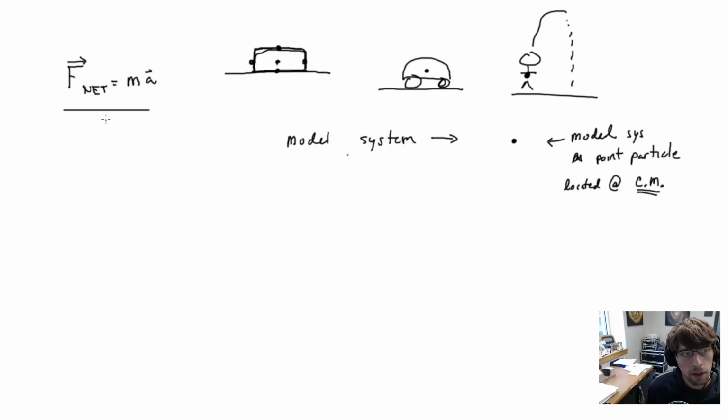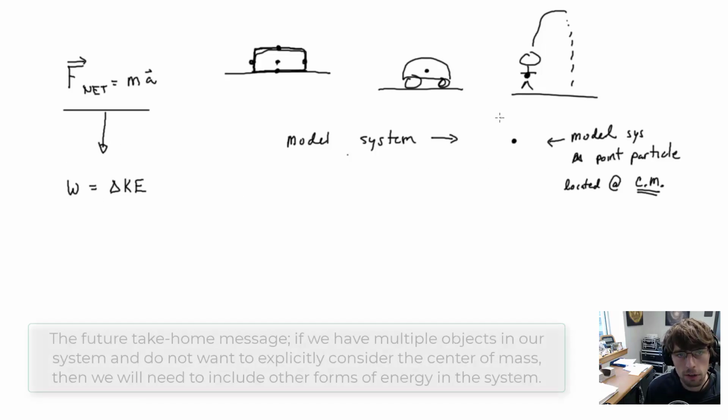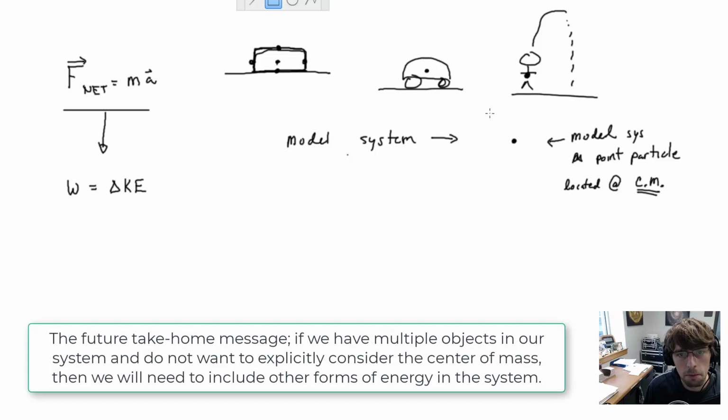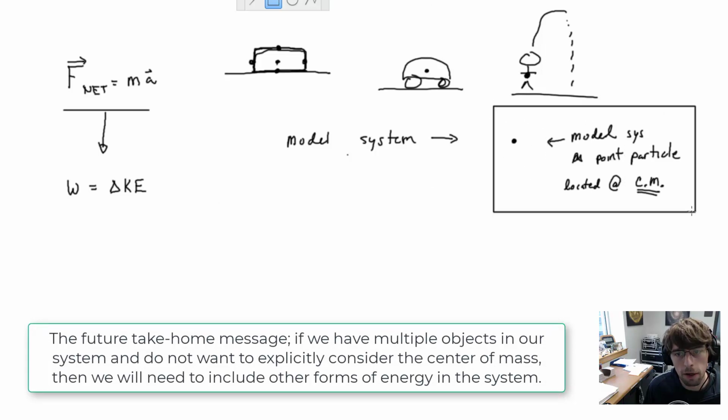So if that's what you're doing with Newton's second law, and our work-kinetic energy theorem comes directly as a consequence of Newton's second law, then the work-kinetic energy theorem must also be modeling the motion of the particle, right?